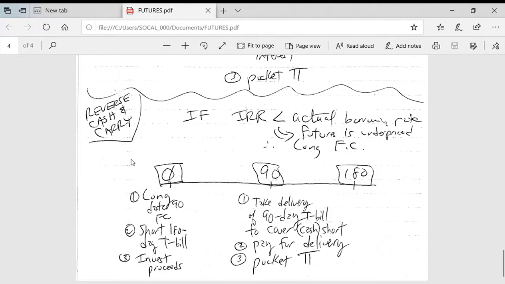So with this reverse cash and carry arbitrage using treasury bill futures, at date zero we go long a date 90 futures contract. Okay. The second thing we do at date 0 is we go short a spot asset, a 180-day T-bill. We go short a 180-day maturity T-bill at date 0.